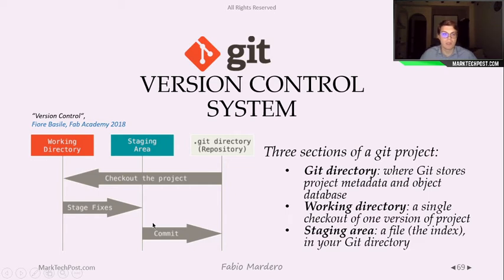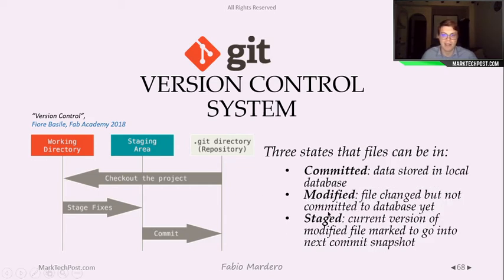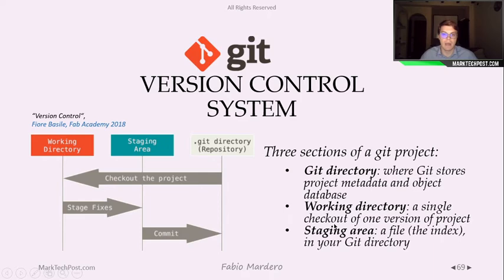This means that as we work in here, files have been staged, and a file is in our Git directory. So this is the staging area. We can modify the file again and again and again.